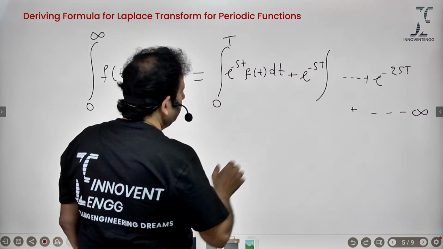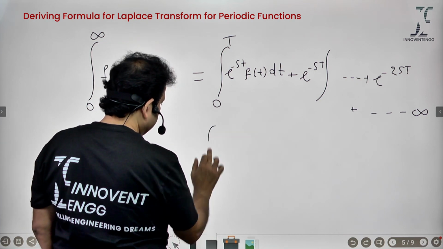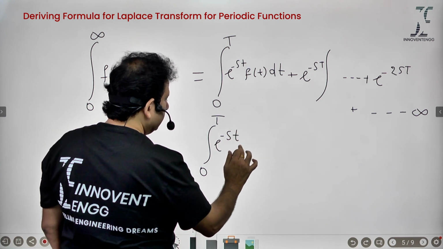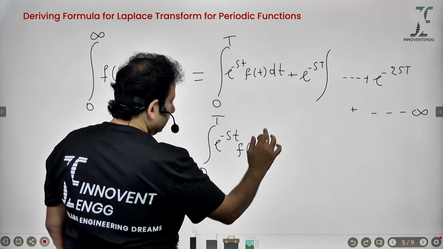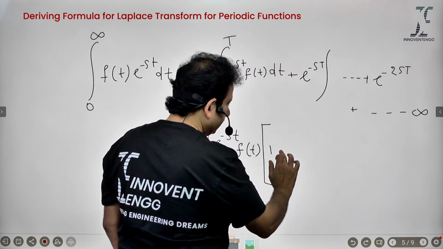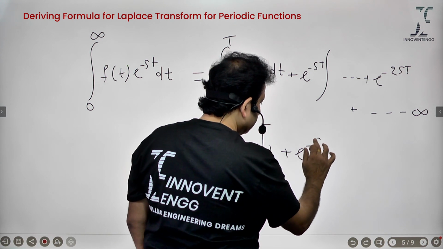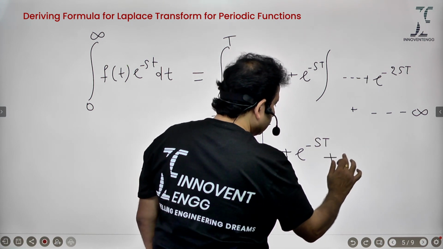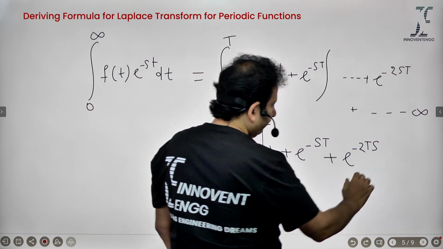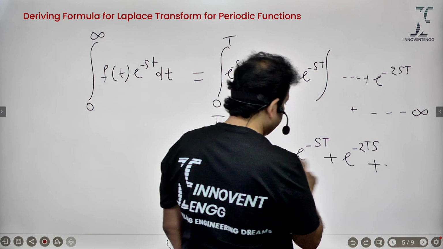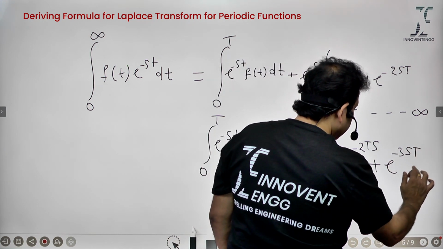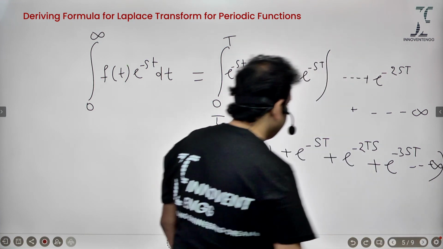So I can take 0 to T e power minus st f of t as a common factor, and then inside the bracket for the first integral there is coefficient 1, for the second integral e power minus sT, for the third integral e power minus 2sT, for the fourth integral e power minus 3sT, and it goes up to infinity.